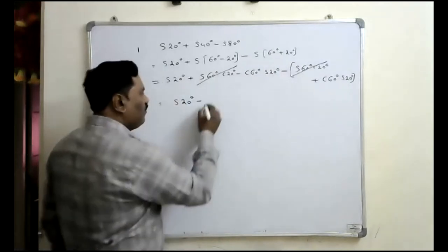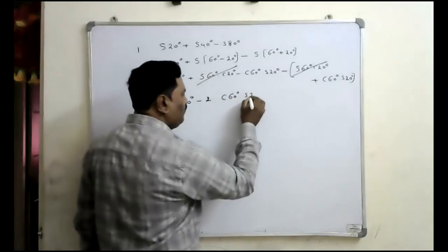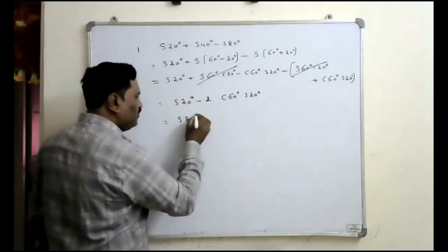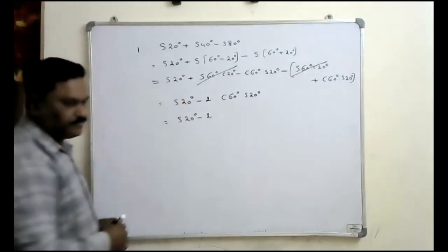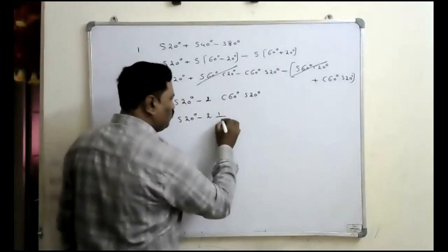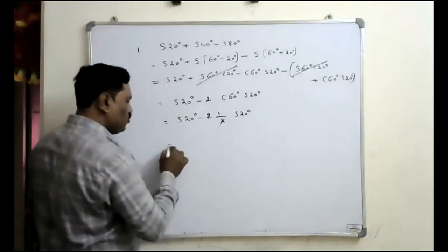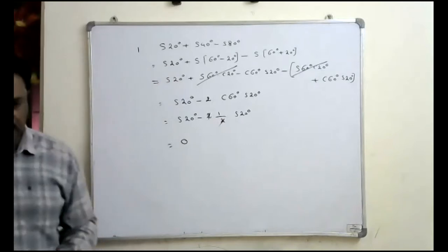That's why it is minus 2 times cos 60 degree sine 20 degree. So this is sine 20 degree minus 2 times, what is the value of cos 60? 1/2. The 2 and 2 get cancelled. So sine 20 minus sine 20 which is 0.